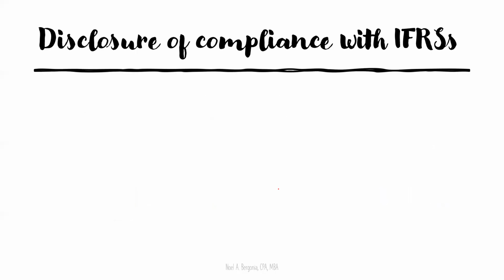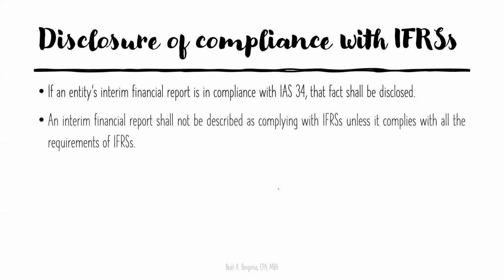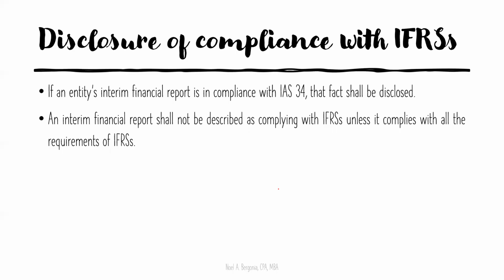Here is another disclosure, which is the disclosure of compliance with the IFRS. Take note that just like in the annual financial statements, our interim financial report also needs to disclose the fact that it is in compliance with IAS 34. An interim financial report should not describe compliance with such IFRS if it does not comply with all of the requirements.